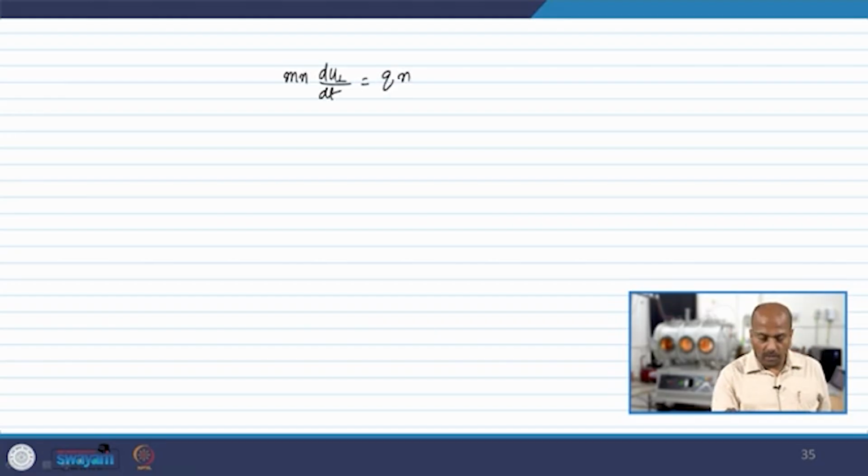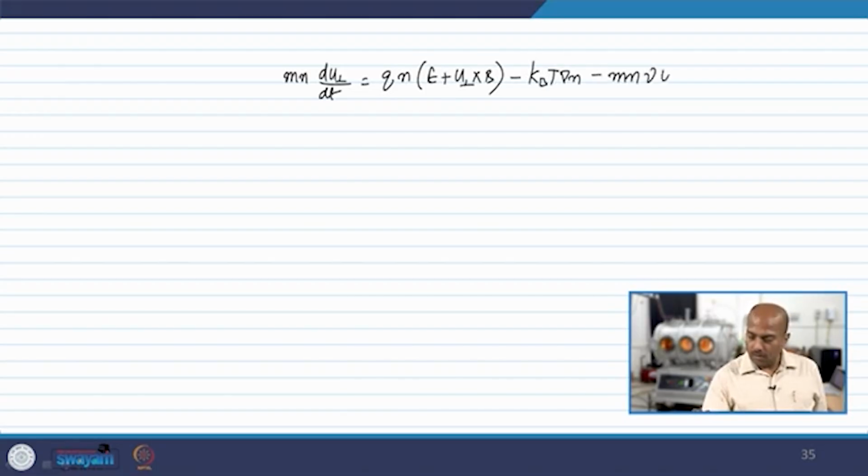So, we will start with our basic equation Mn d u perpendicular by dt is q n (E plus u perpendicular cross B) minus kBT del n minus mn nu u perpendicular, right.